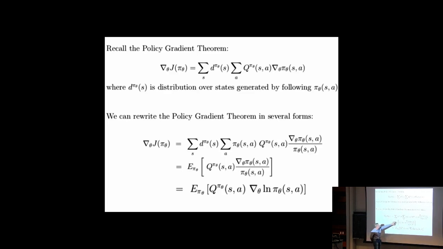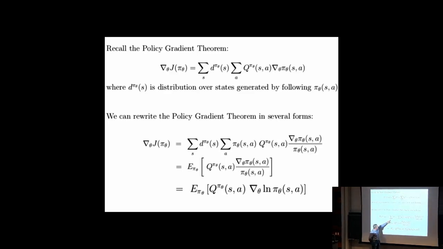But then if I do that, now I can write this noticing that the first terms up to here are really just a way of saying we want the expected value of this quantity to the right taken over the distribution of states and the distribution of actions that will be generated by the policy pi theta.